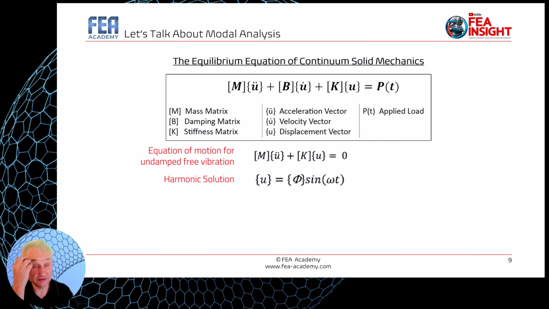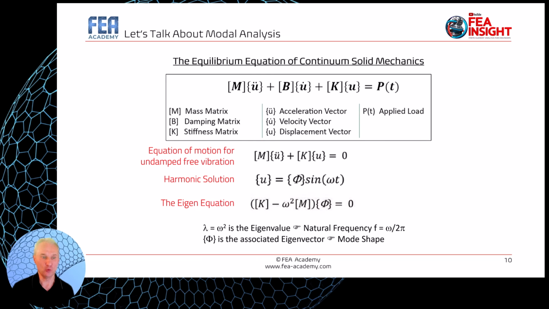So by doing two derivations of this equation and putting that in the equation of motion for the undamped free vibration, we obtain the eigen equation that you have here on the screen, where lambda equals the square of omega, which is the eigenvalue, and the natural frequency is omega divided by 2 times pi. Here, this vector is what we call the associated eigenvector with the natural frequency, or the mode shape.